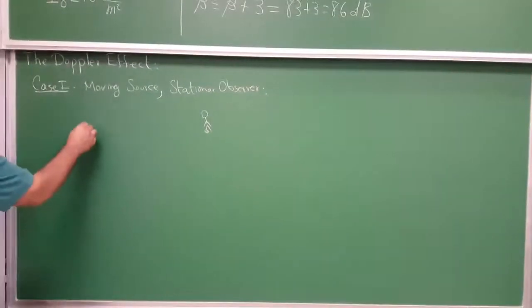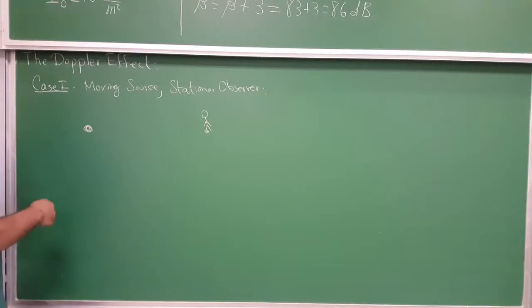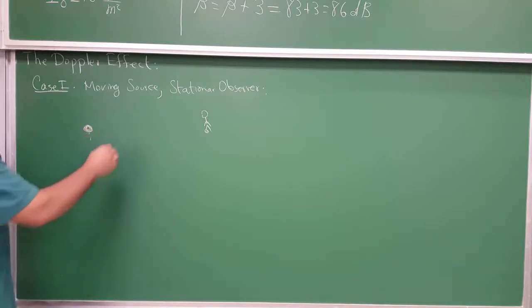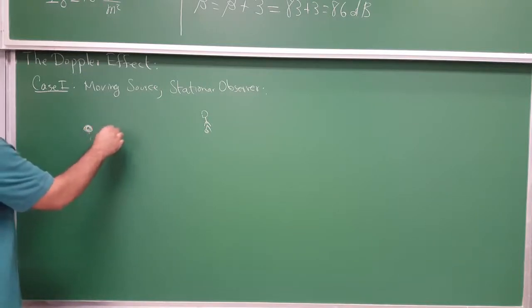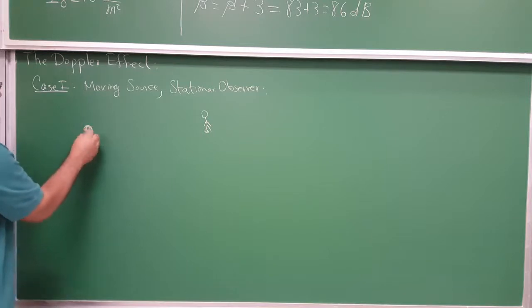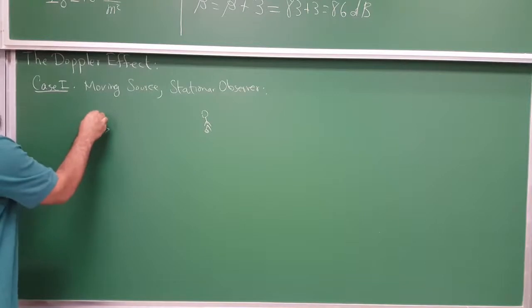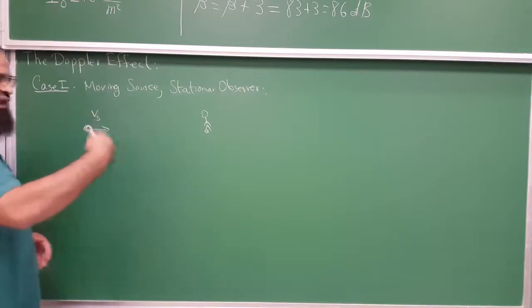So here is the source. Let's say it's here right now. It emits sound at a certain frequency. Let's call it f0, and it will have a certain wavelength lambda. This is the source, and the source is moving to the right with the speed of the source, and it's emitting sound.